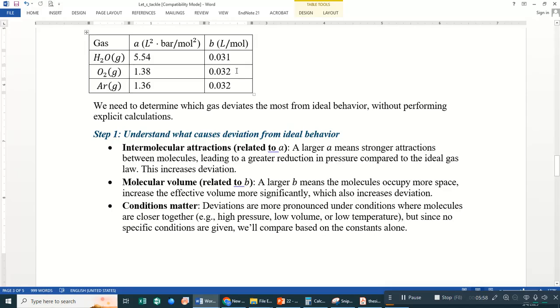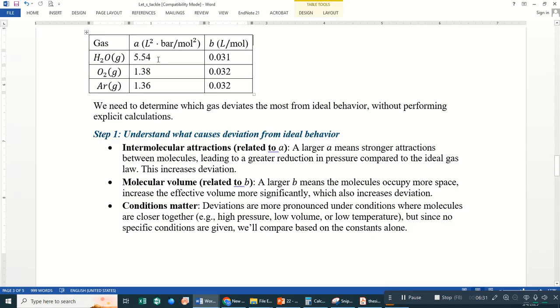In other words, the excluded volume of oxygen and argon is the same, and the excluded volume for water is slightly less compared to oxygen and argon, that is 0.031. With respect to a, water has a larger deviation from ideal gas behavior.